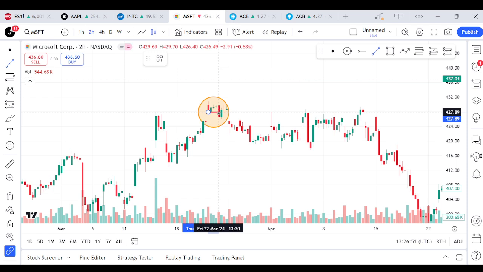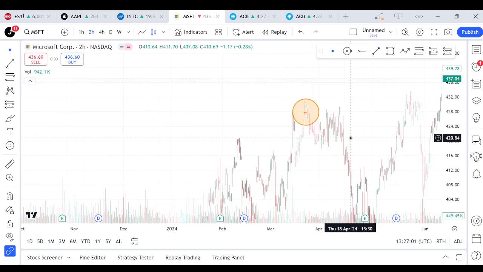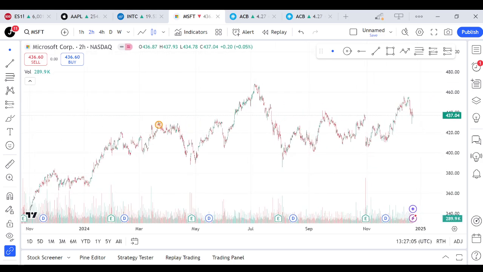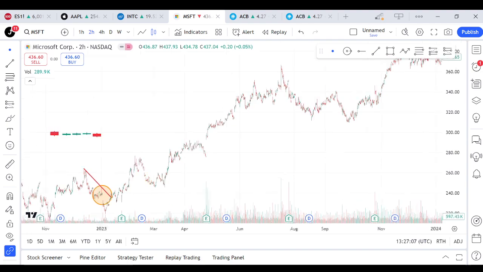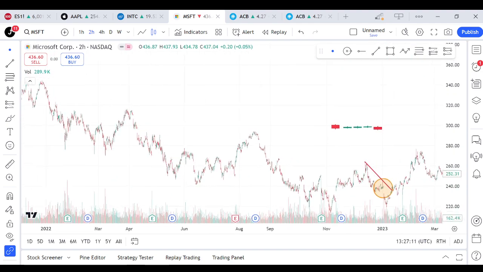This is your falling three methods, and we should be looking to take a short position to trade this pattern. So that's how you can use it to trade the markets in a bearish continuation. Let's look at the next on my list.